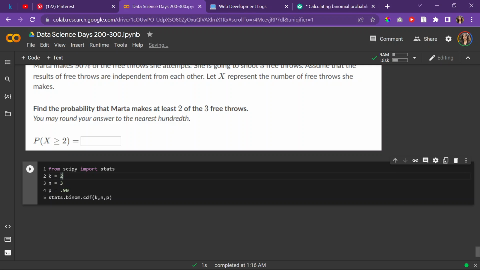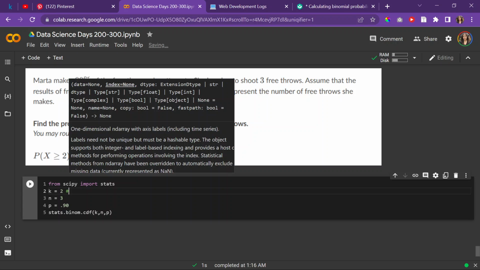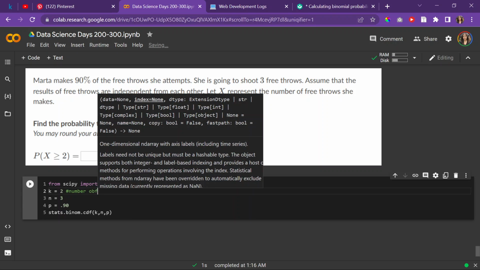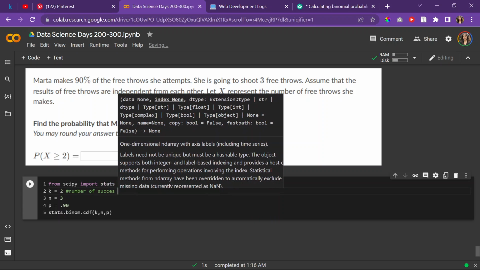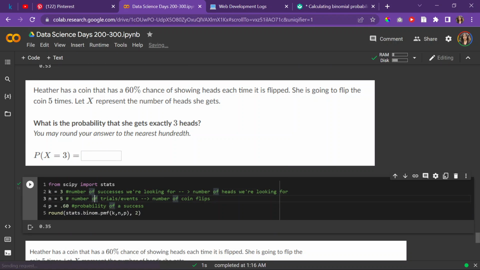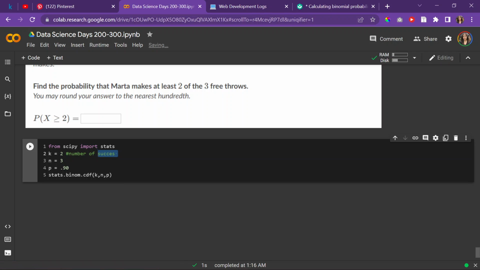Again, let me write some notes or annotations here. K is the number of successes we're looking for.